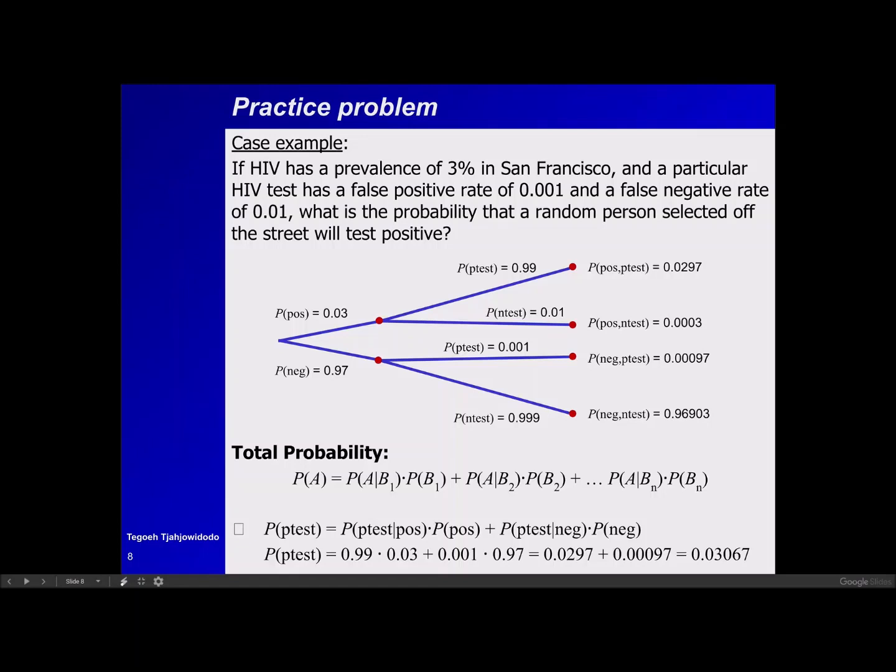there is an HIV positive rate of 3% in San Francisco, which means there should be a 0.97 probability of negative HIV, right? And out of this 3% HIV positive, there are false negative tests.